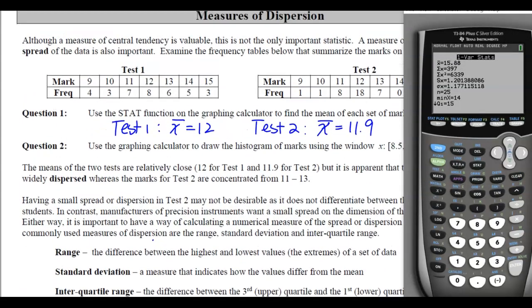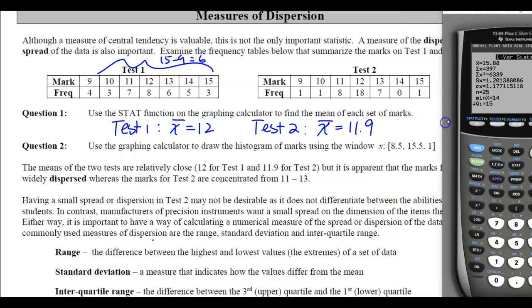Our test 1 and our test 2, the range here, 15 minus 9 is 6, and it's the same here, right? Because we could use the same list. So the range of values is the same, but they're different distributions, right? Based on that graph that we saw.